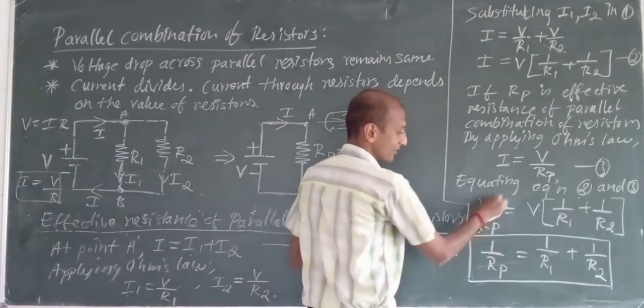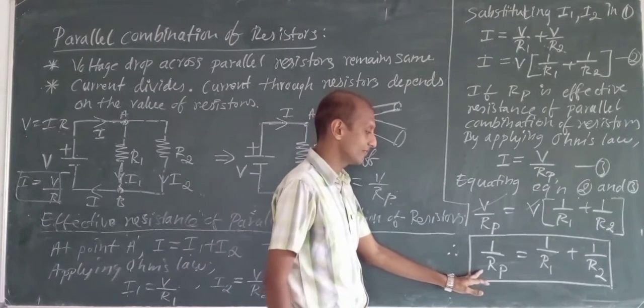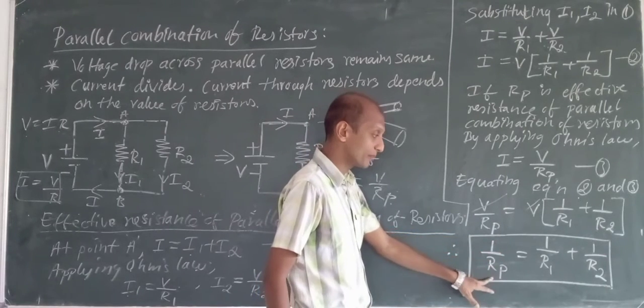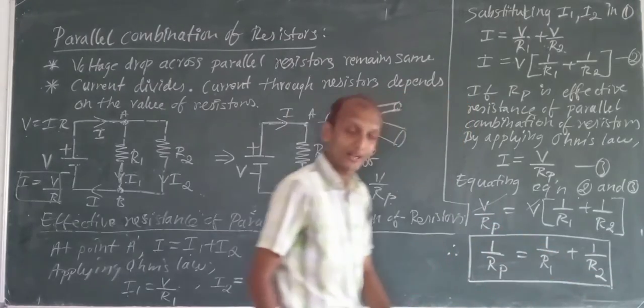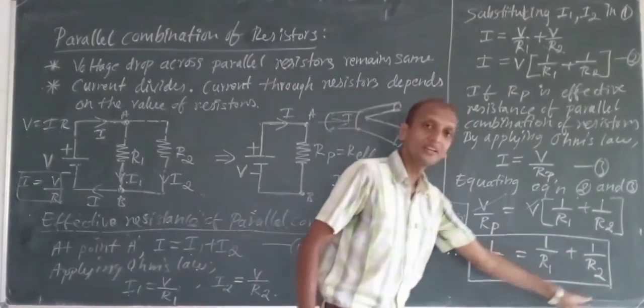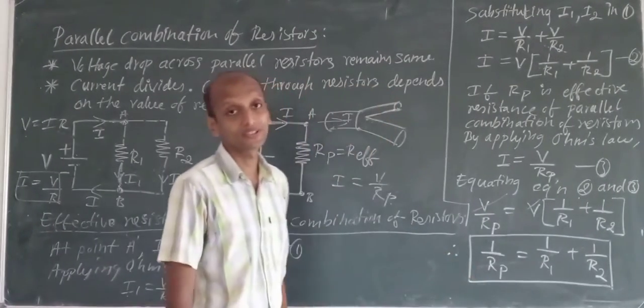If I cancel V and V here, the final equation is 1 divided by Rp will be equal to 1 divided by R1 plus 1 divided by R2. So this is the total resistance of a parallel combination of resistors.